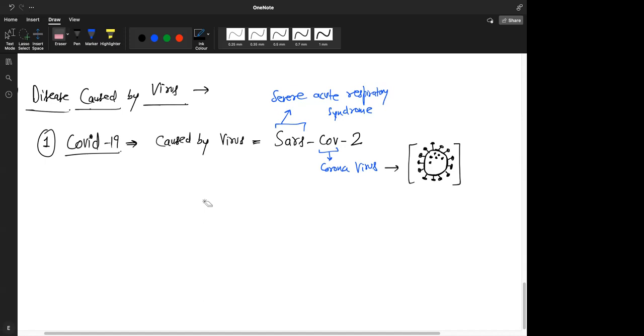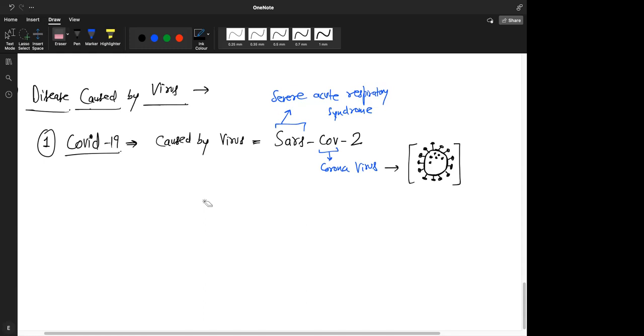Some strains of COVID cause loss of taste and smell because they damage the olfactory epithelium, the epithelium which helps us to smell in our nose. And what else? Low SpO2 because of fluid filled lungs. So these were the symptoms.